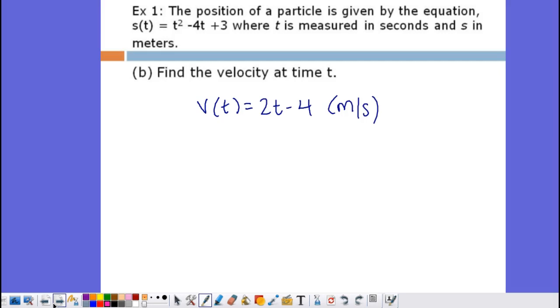Then part C, what is the velocity after 3 seconds? What is the velocity after 4? So again, it's asking for instantaneous. It's not asking for average, it's asking for instantaneous, because it's saying after 3 seconds, what is the velocity? So we're going to find v of 3 and v of 4.